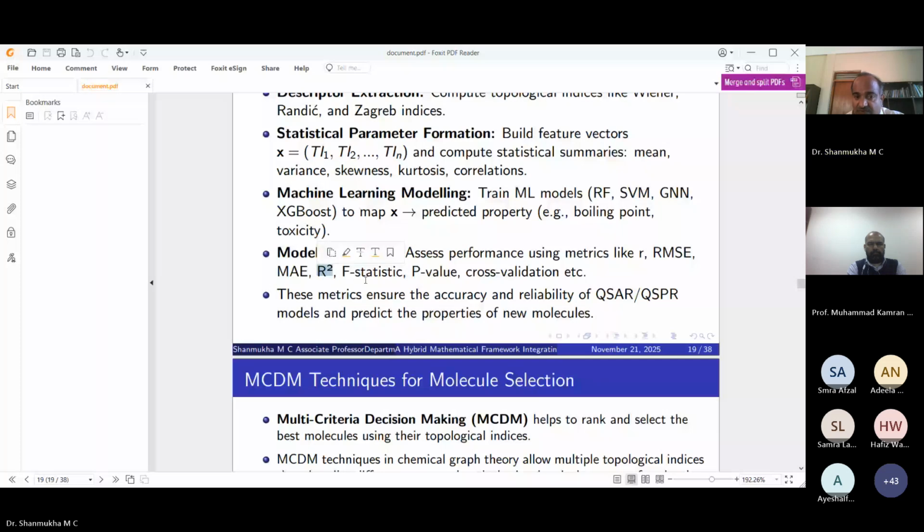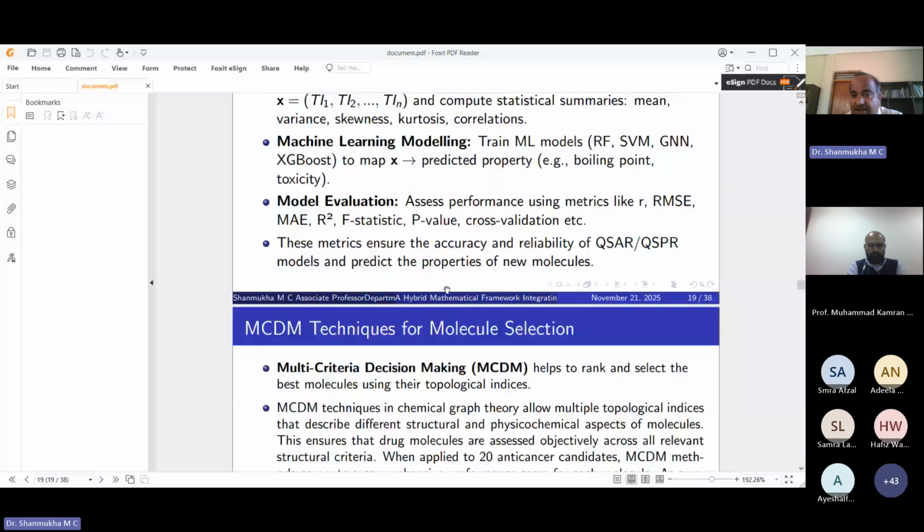Then Fisher statistic or F statistic, then significance probability P value, and cross validation, etc. These metrics ensure the accuracy and reliability of QSAR or QSPR models and predict the properties of new molecules.